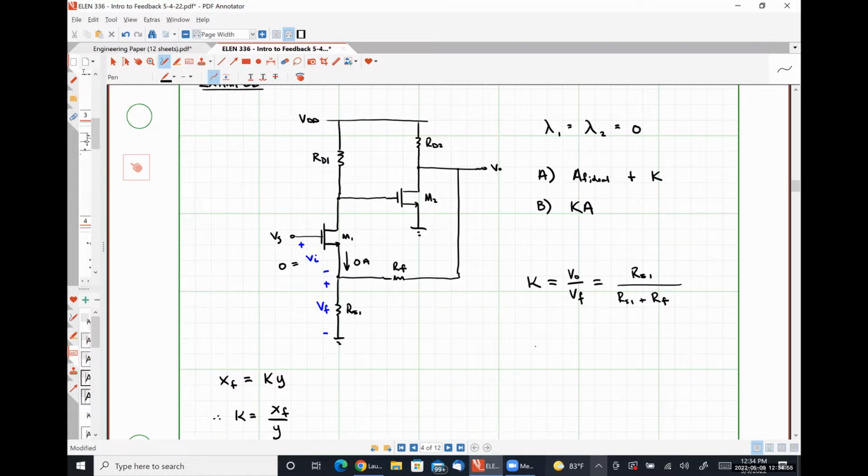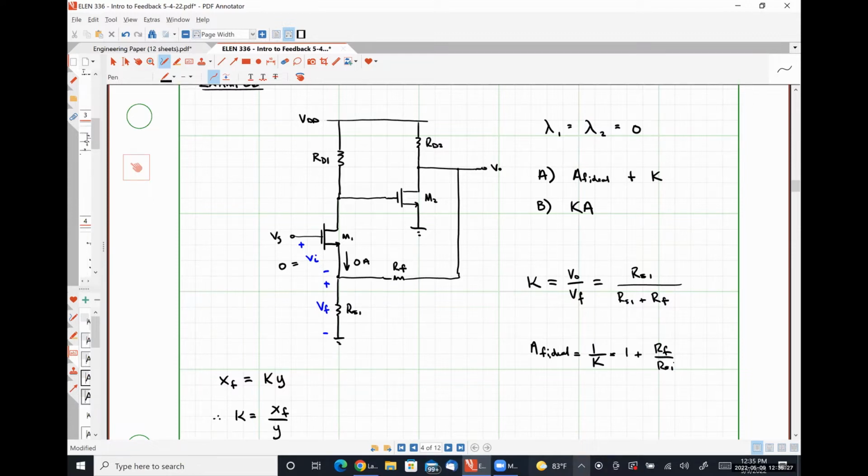From this, our ideal gain with feedback is 1 over K, which is going to look like 1 plus RF over RS1. So based entirely on our feedback, we have behavior similar to that of a non-inverting op-amp, right?